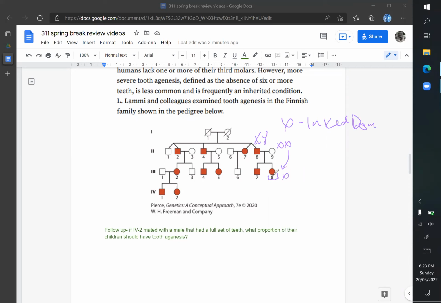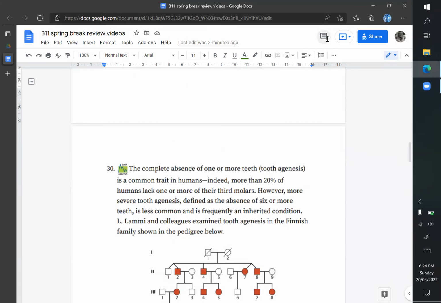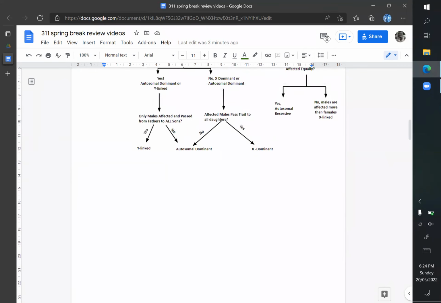But for them to be female, they'd have to have two X chromosomes because female mammals, for example in this human example, have two X chromosomes, they're homogametic. So the father, for this individual to be female in the first place, would have to give the X to them and they would therefore be affected. And that is what this stipulation was getting at, whether or not males pass on the trait to all of their affected daughters.